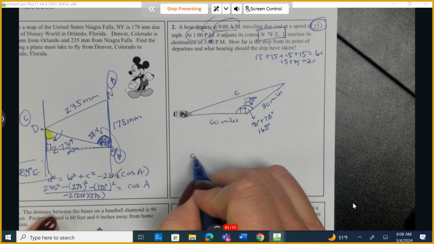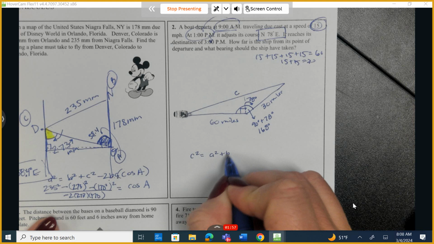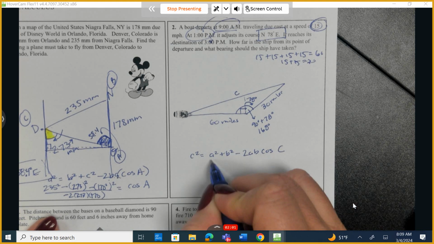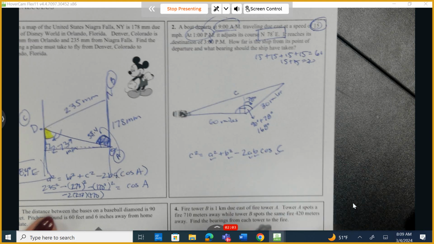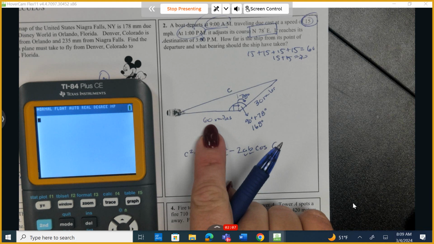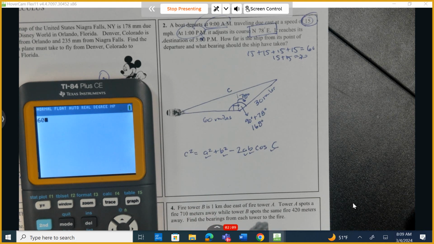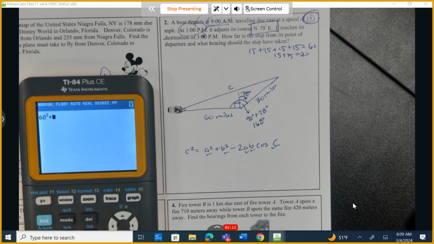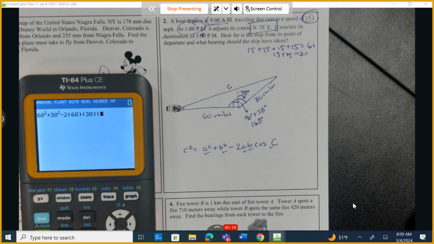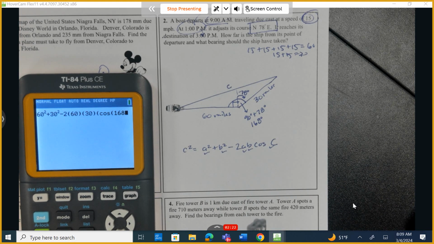So I'm going to say C squared equals A squared plus B squared minus 2AB times the cosine of C. I have all this information. So here we go. I'm going to plug it in all at the same time. I'm going to call this my A. So 60 squared plus 30 squared minus 2 times 60 times 30 times the cosine, make sure you're in degrees, of 168.